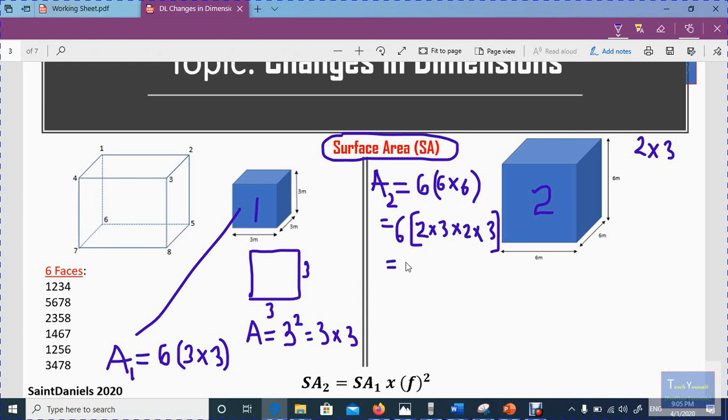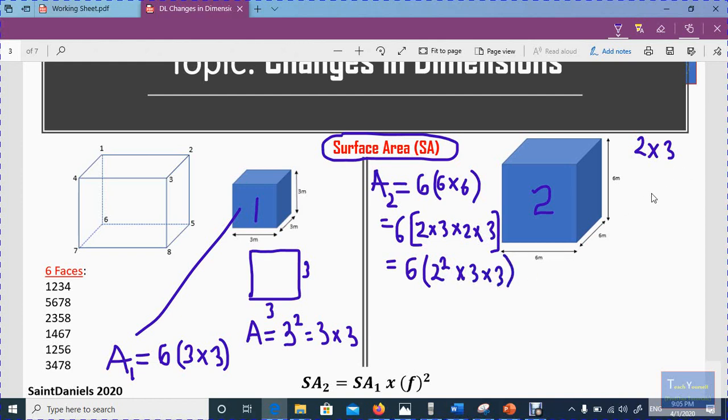So this is the same thing as 6 into, I have 2 times 2, which is 2 squared, times then you have 3 times 3.